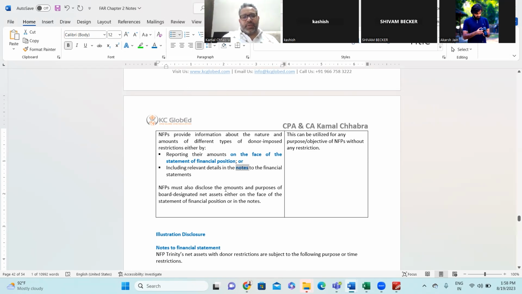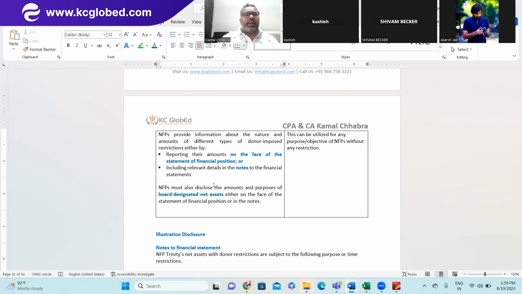An NFP must also disclose the amount and purpose of board-designated net assets. So this is another type. One is donor-based restriction, and another, which is optional and not mandatory, is called board-designated net asset.